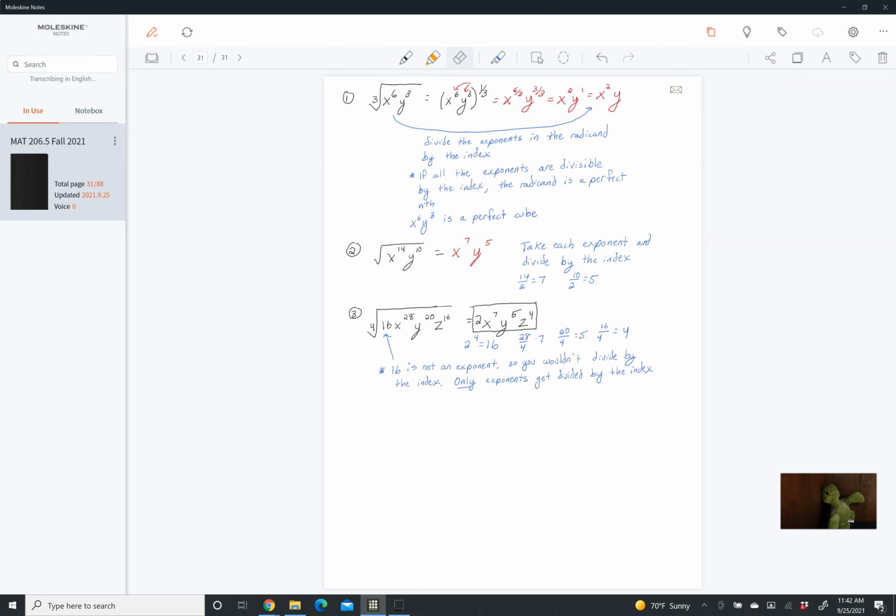Let's say that we have the cube root of 64x to the 12th y to the 21st.